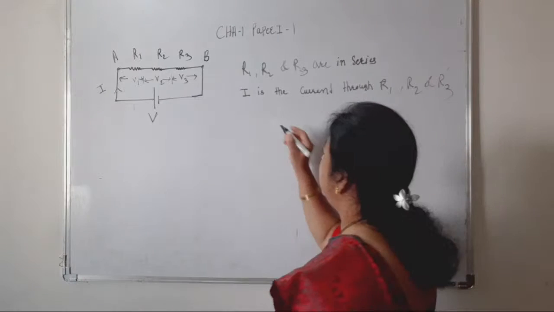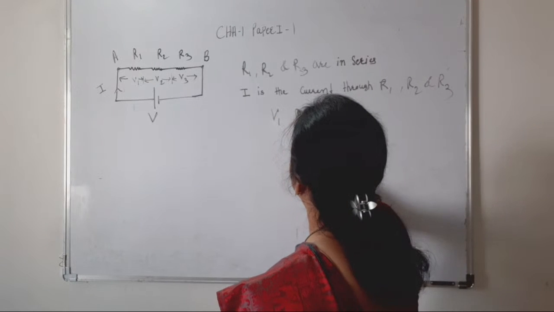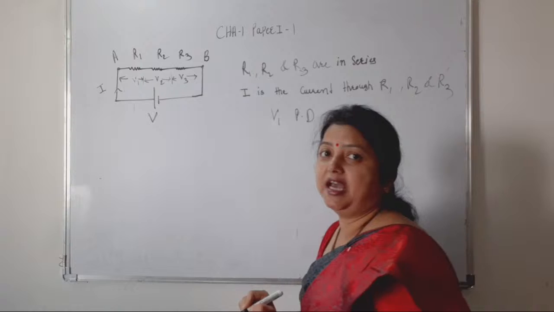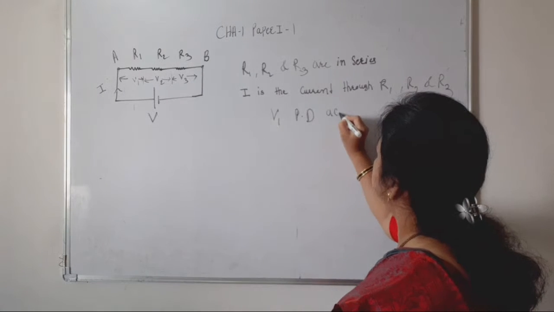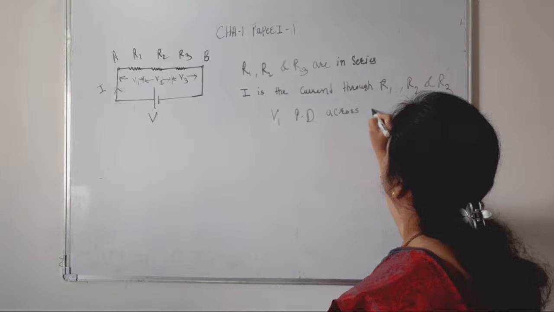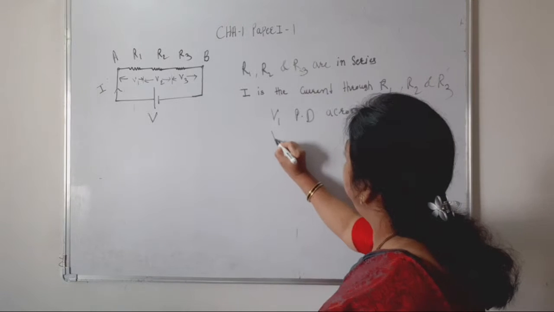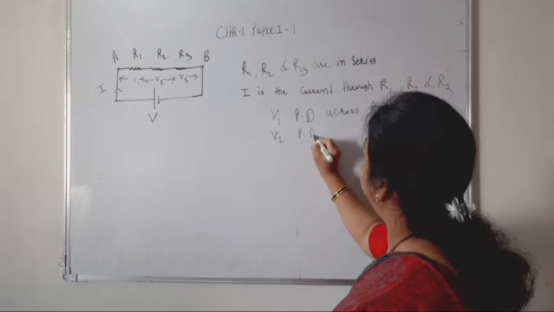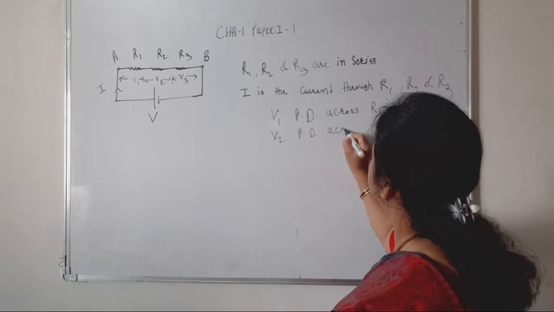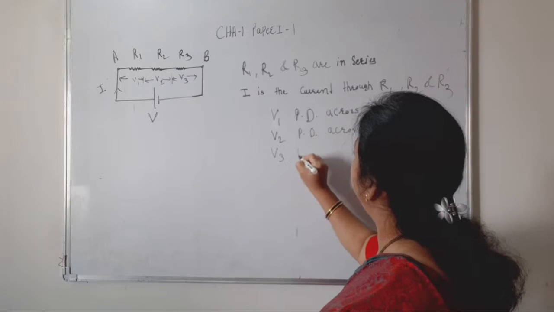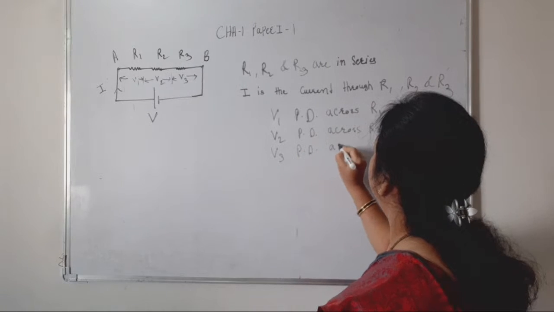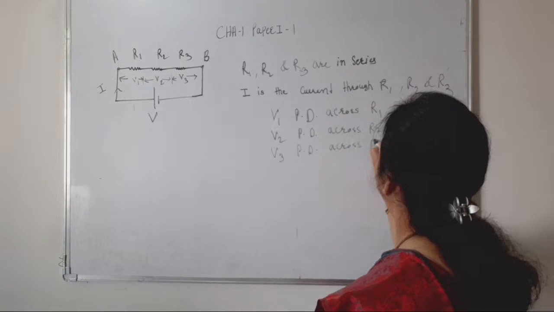But V1 is the potential drop, in short PD, across R1. V2 is the potential drop across R2 and V3 is the potential drop across R3.